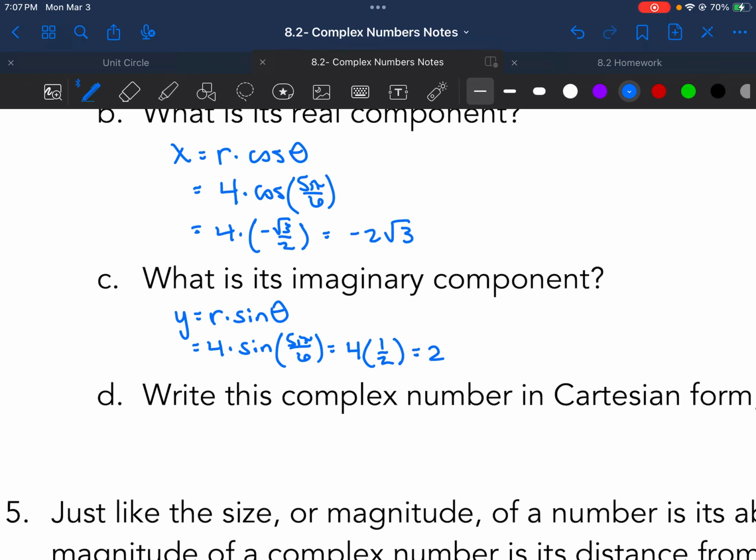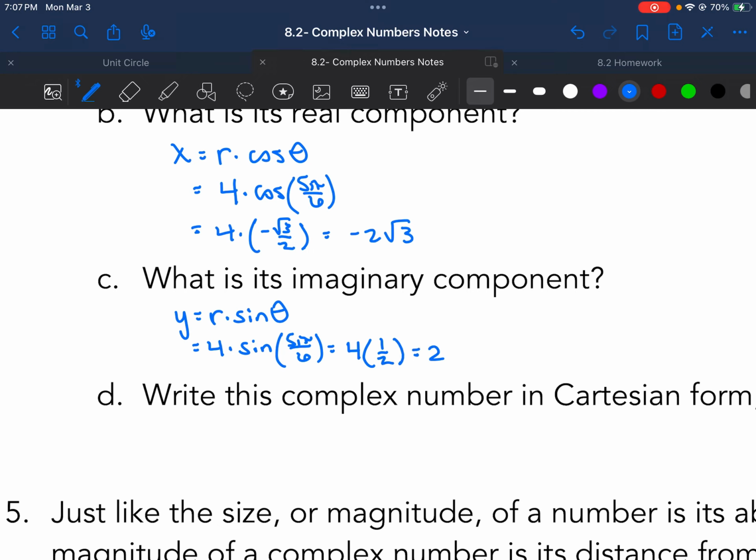Okay, so our real component is negative 2 root 3. This is coming from x equals r cosine theta, because again, the real axis is taking up the x-axis. The imaginary component is coming from the y coordinate, r times sine theta.